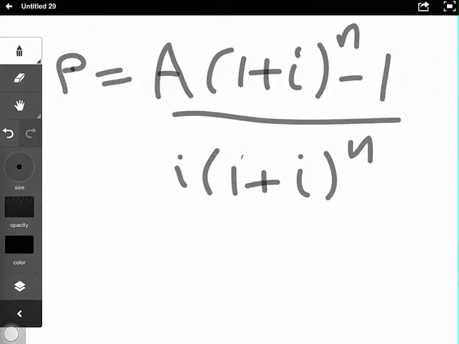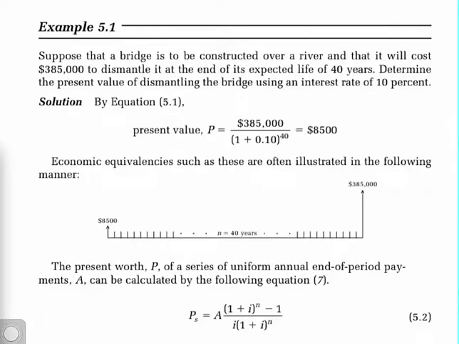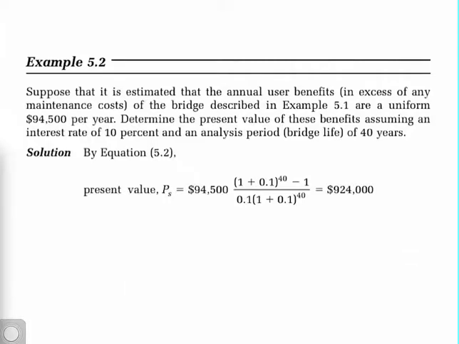Okay, so that is what I just talked about. In this example, suppose it is estimated that the annual user benefits are 94,500 per year. We wish to find the present value of these benefits, assuming an interest rate of 10%.